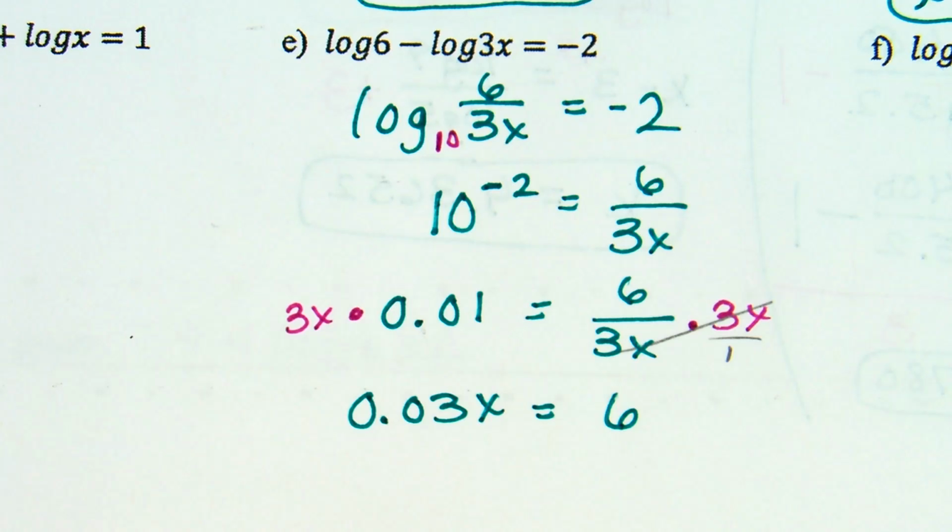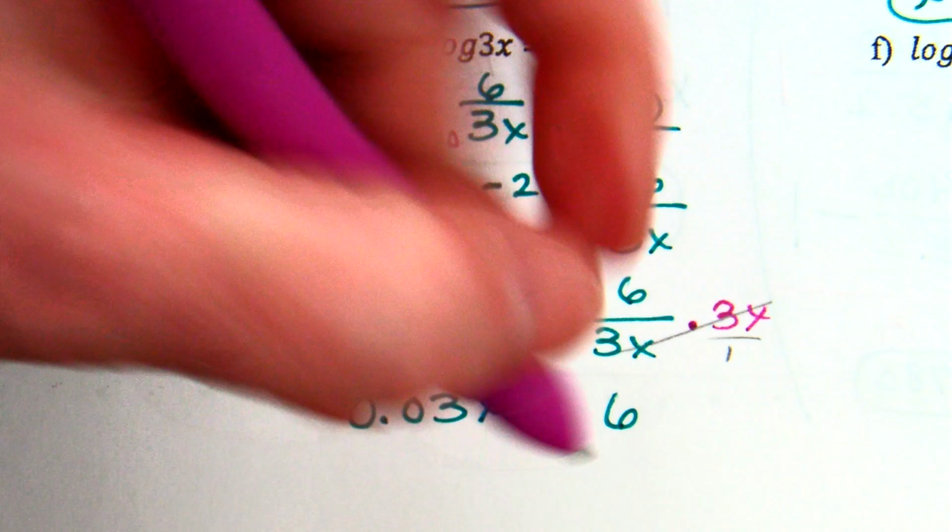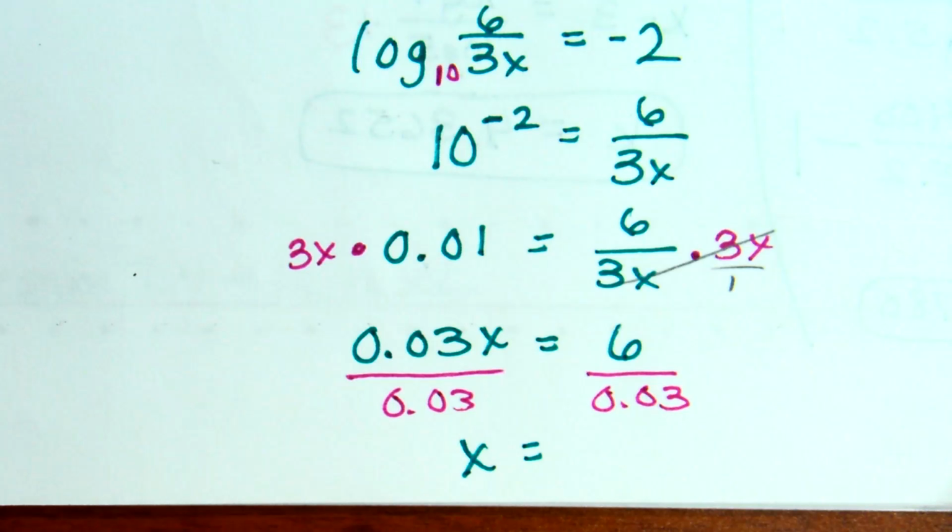So it looked ugly for a moment there in the middle, but 0.03x equals 6. You are dividing by that 3/100ths. And x becomes 200.